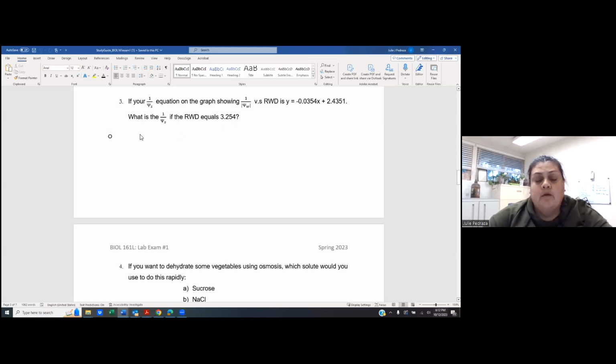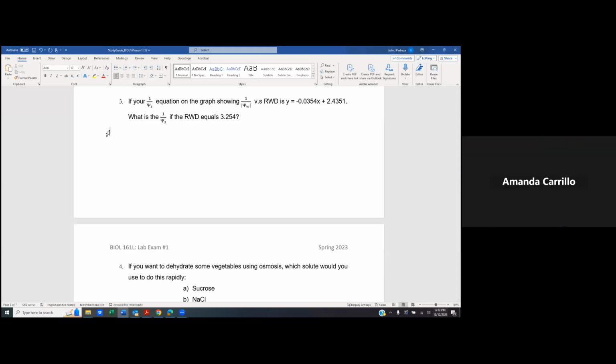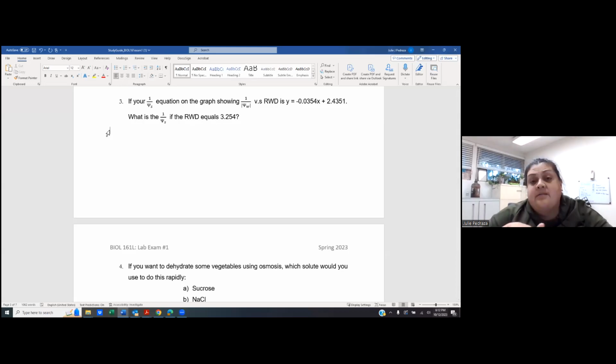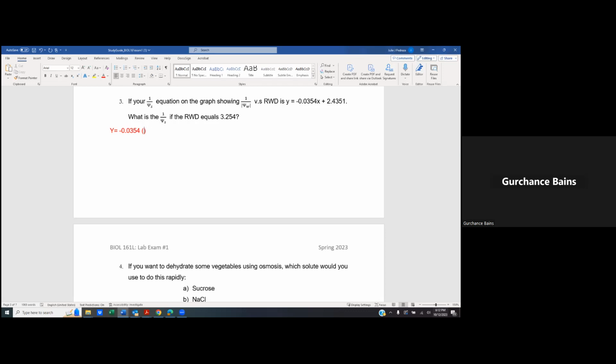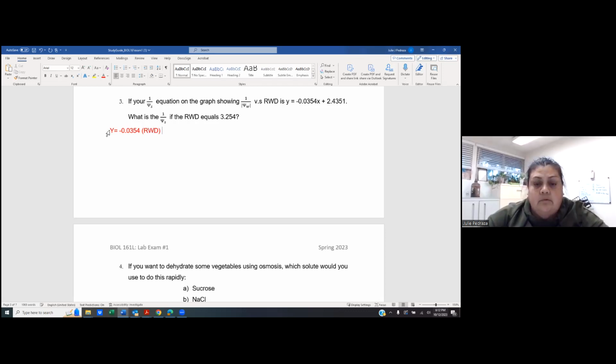So what is it that we need to do first? Determine what x is? Yes, that's perfect. So what is x in this format? The RWD, relative water deficit. Yes, thank you.